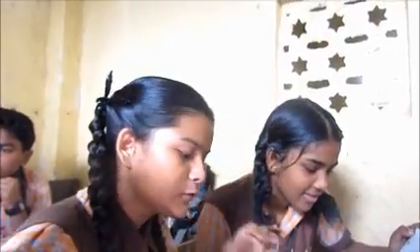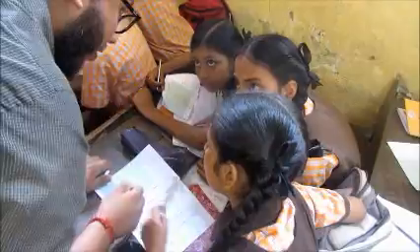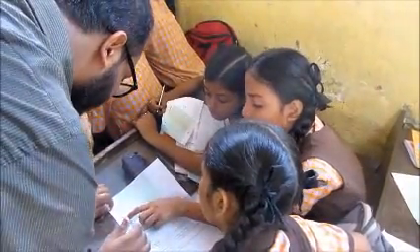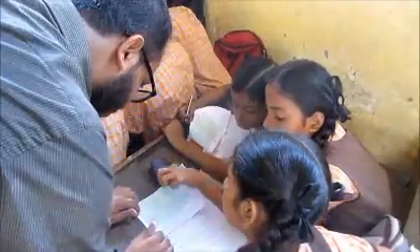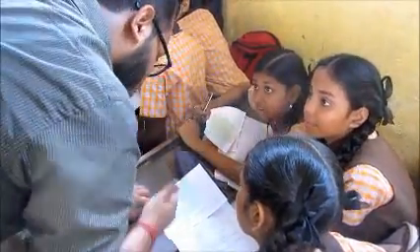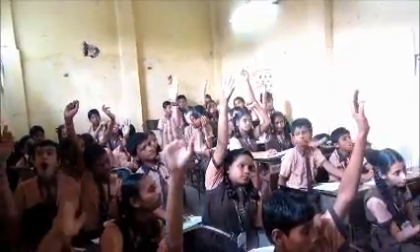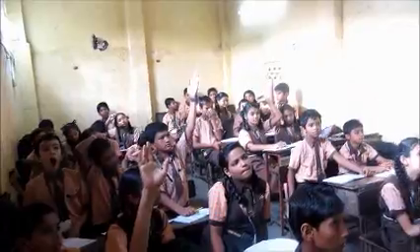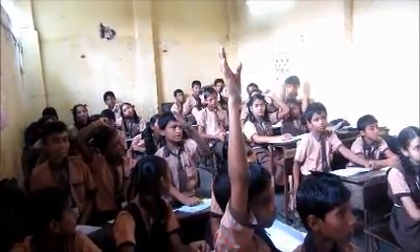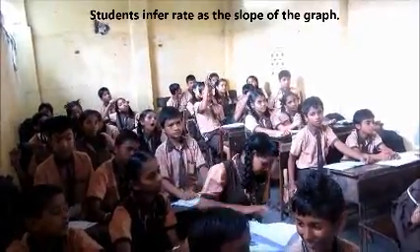From your graph, can you find out? Someone, one person, please raise your hand. Sarfraz. Straight line. Straight line in which direction? Vertical, horizontal? In a tilt, at an angle, right? With a slope. Thank you, Shabazz. With a slope.